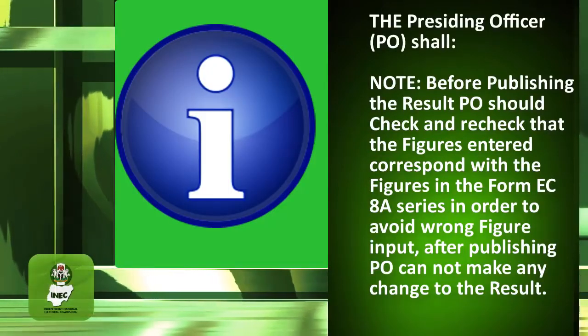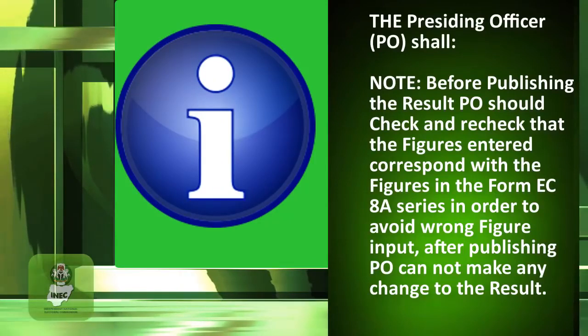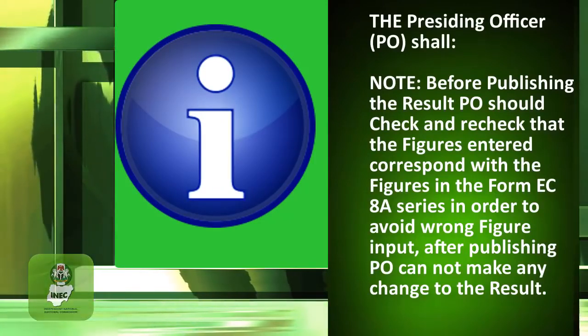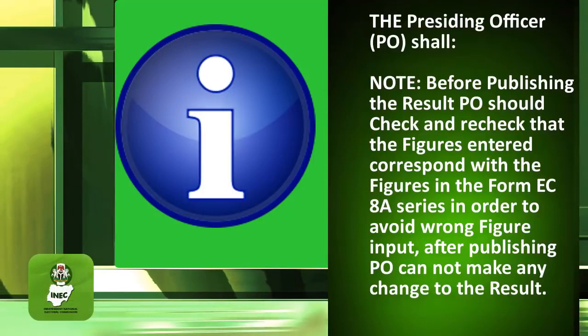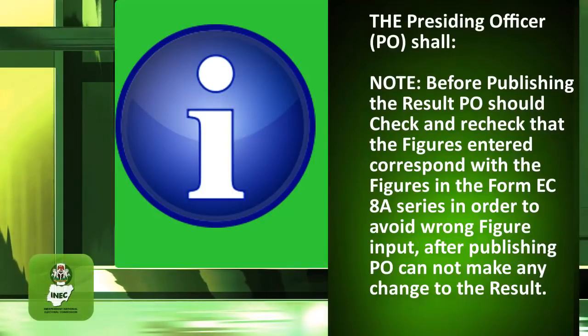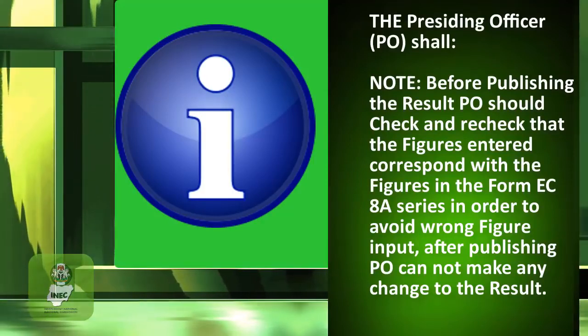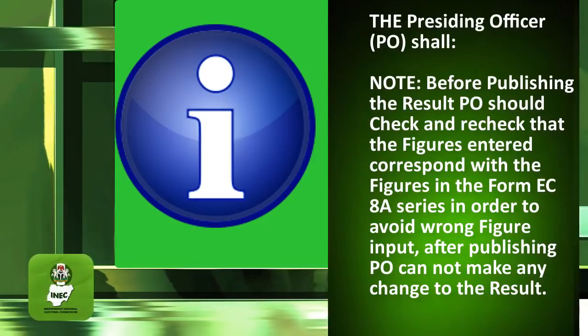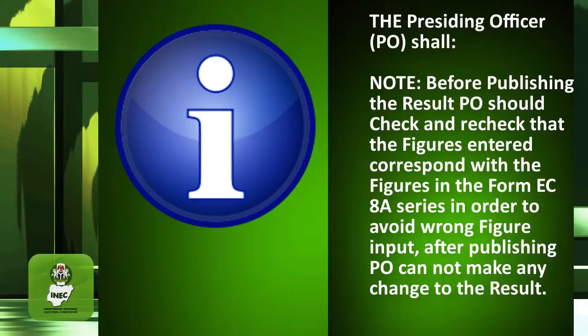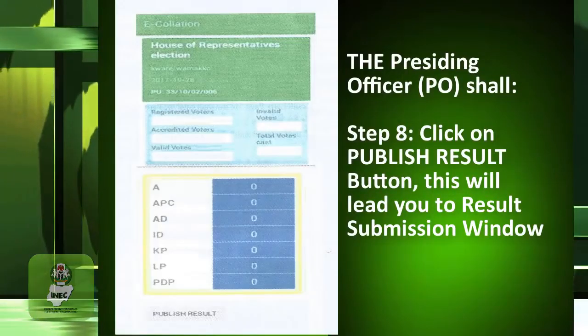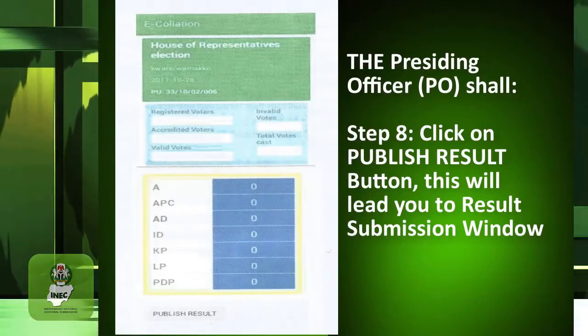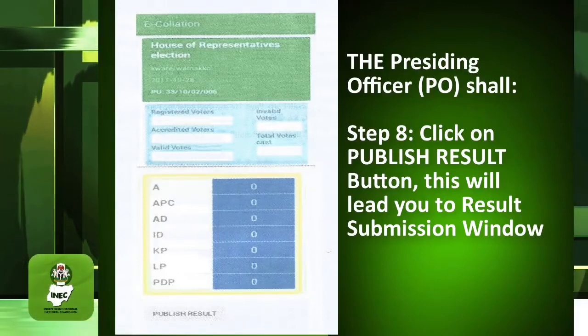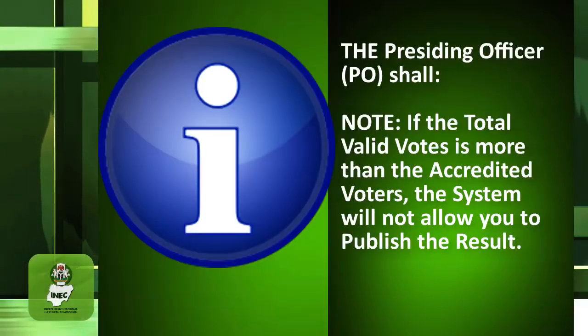Note: before publishing the result, PO should check and recheck that the figures entered correspond with the figures in Form EC8A series in order to avoid wrong figure input. After publishing, PO cannot make any changes to the result. Step 8. Click on the Publish Result button. This will lead you to the Result Submission window.